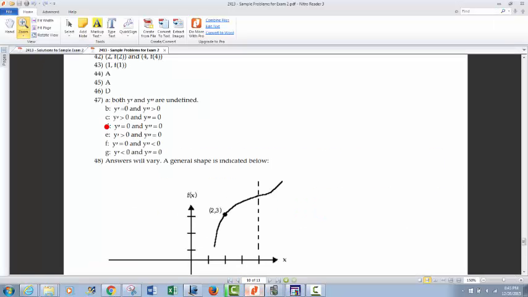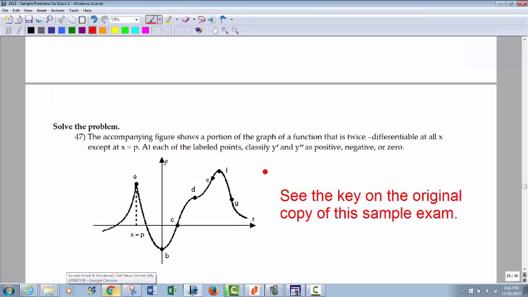This is what I was just explaining a minute ago about that x cubed graph. So at D, you've got y prime equals 0 and y double prime equals 0. Actually, from C to E, it looks like the general shape of x cubed.